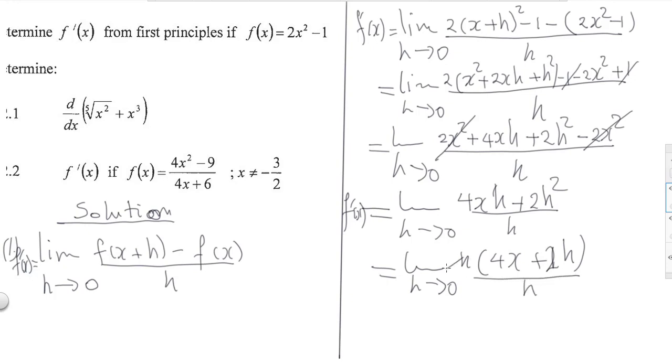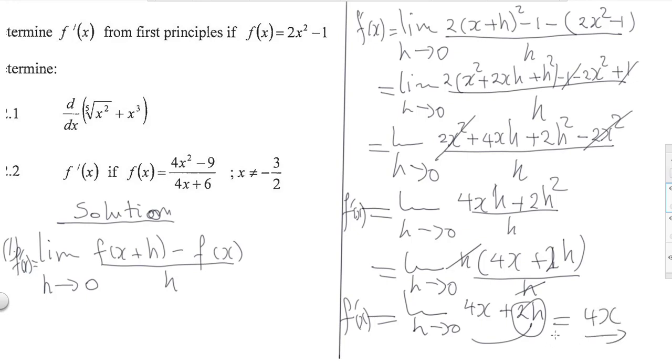So when you cancel h by h, you remain with the limit when h tends to 0 of 4x plus 2h. So when h tends to 0, your answer will be 4x. So that is the derivative from the first principle of 2x squared minus 1.